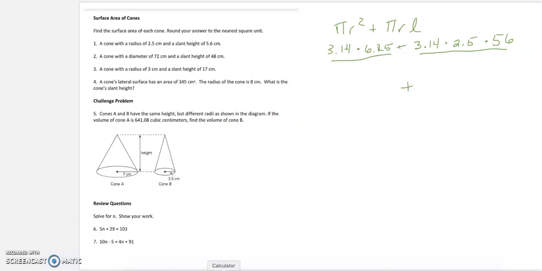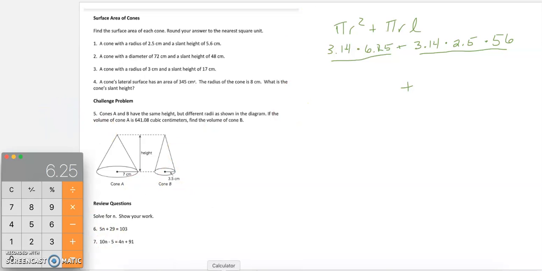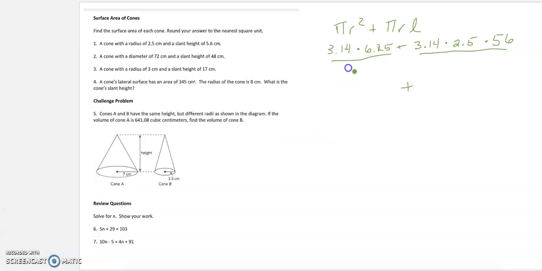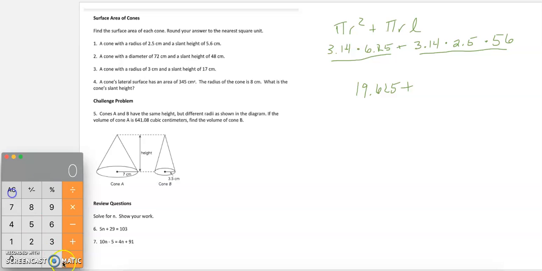All right. So let's go. On the left side, 3.14 times 6.25 is going to be 19.625. And then the other side, we have 3.14 times 2.5 times 5.6.